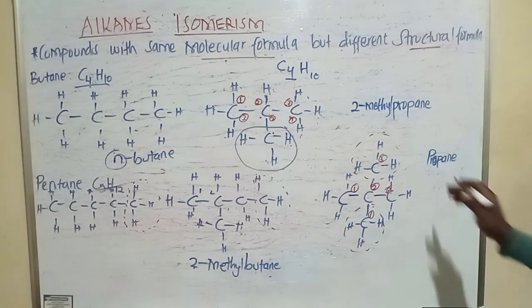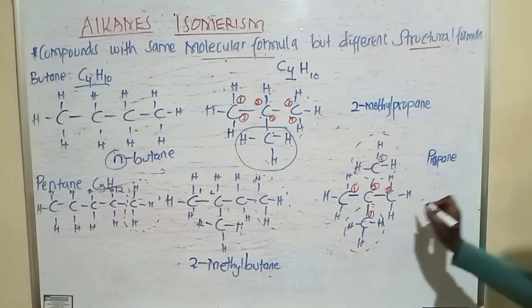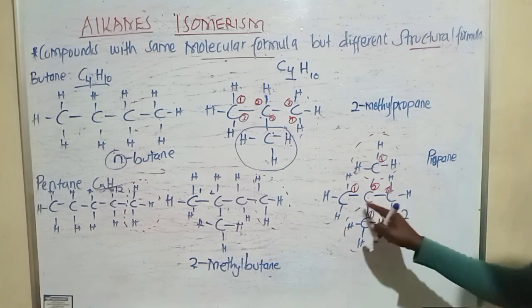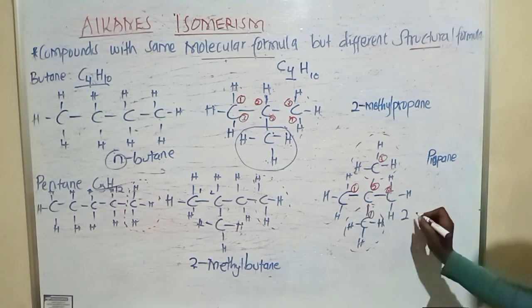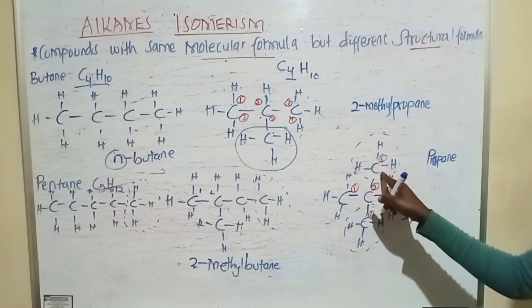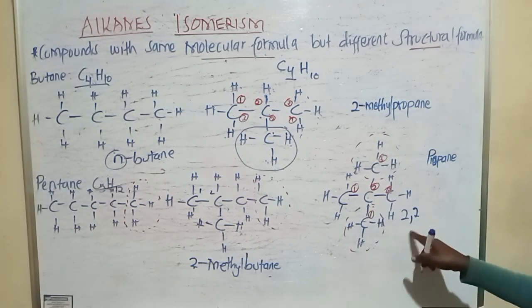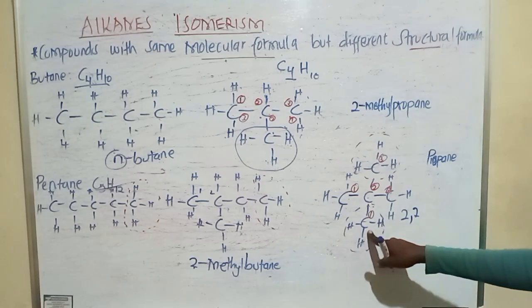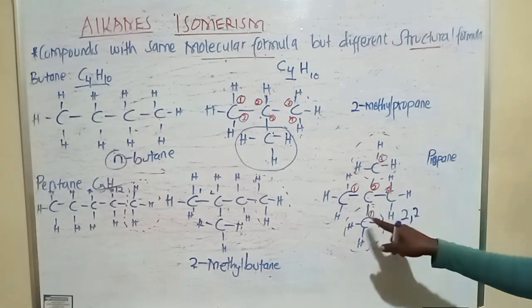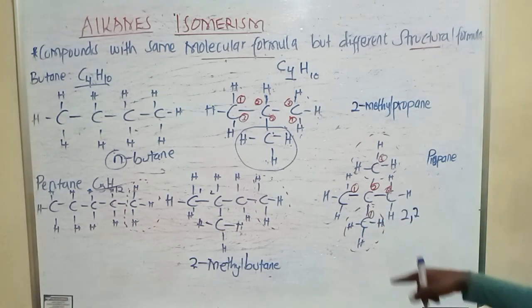The name of our isomer is going to be 2, since the methyl group is in carbon number 2. We have another methyl group, and the position of this methyl group is also 2. Remember, these numbers show us the position of our branched group, the methyl group in this case.